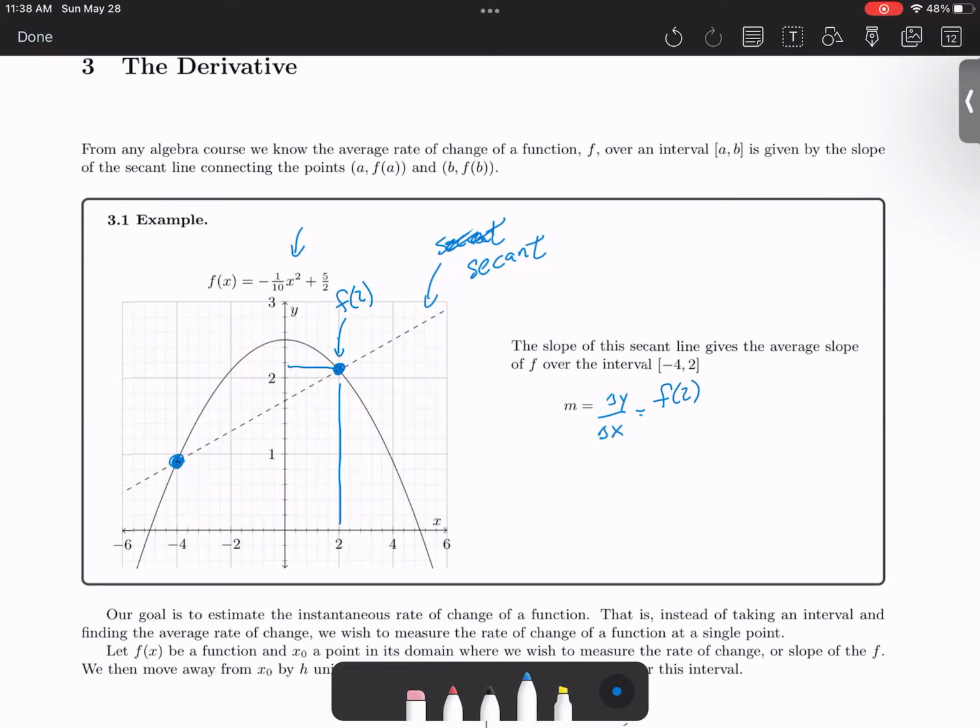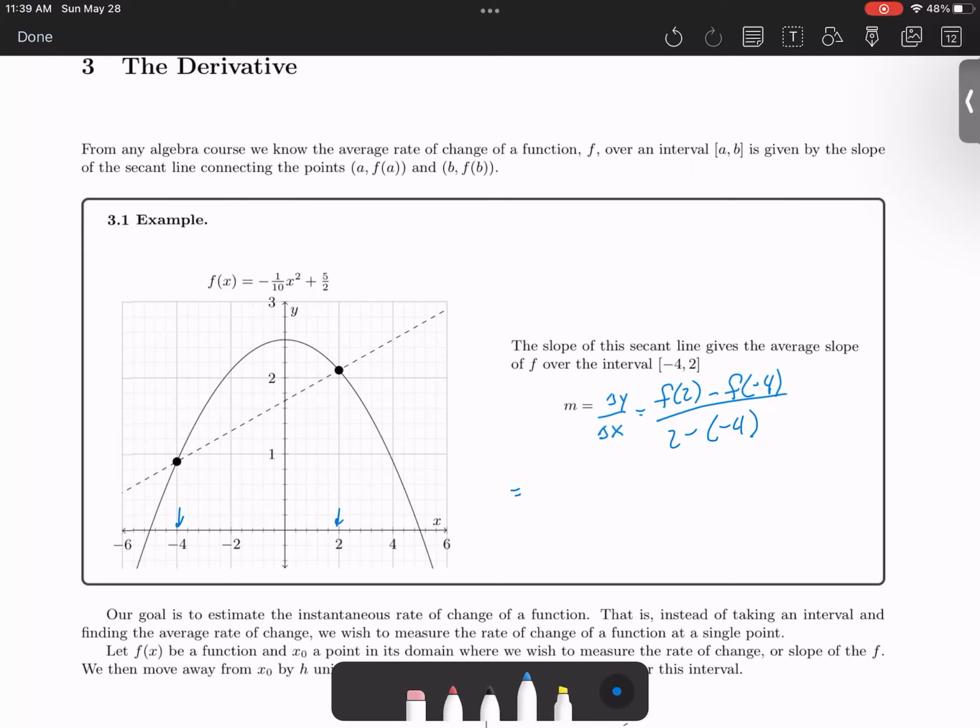This y value right there is on my function too, so it's whatever the function value gives me at the x value of -4. Change in y over change in x. In fact, what is the change in x? We go from -4 to 2, so 2 minus -4.